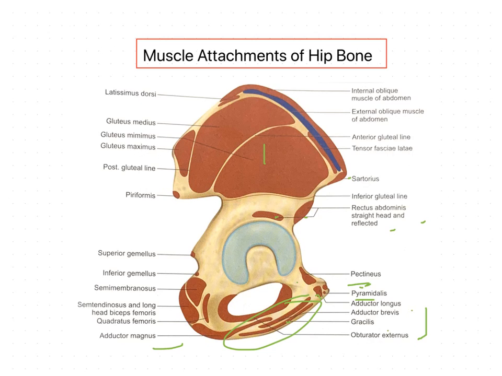Okay, now again we'll move on to the posterior aspect. We have finished up to the piriformis here, and I have mentioned the muscles of the gluteal region from above downwards. After the piriformis, we will see the gemelli muscles: the superior gemellus and the inferior gemellus.